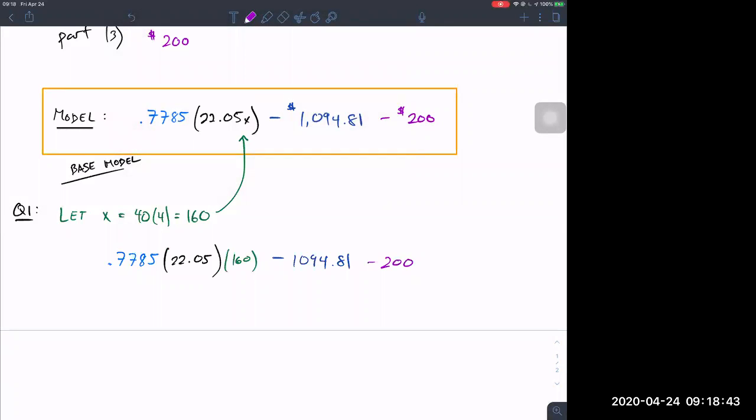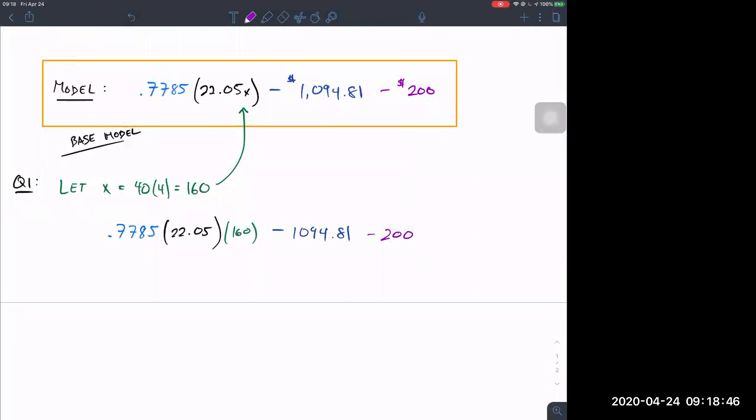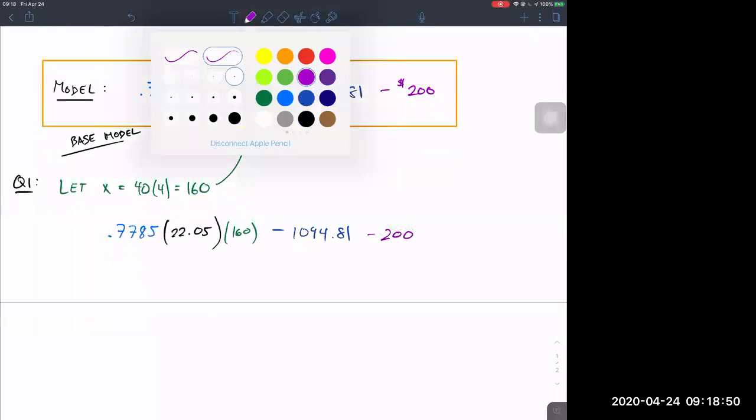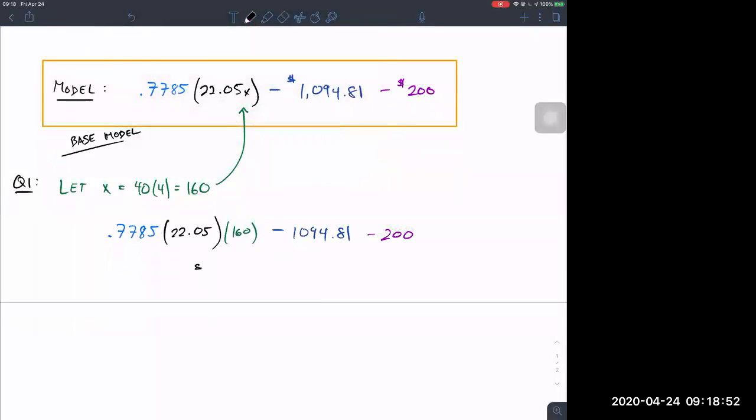So that's the setup. This answer, again, I have it already in advance. So this one, I'm just gonna write down the answer and box it for you guys because it's just adding and subtracting and multiplying. 1451.74, a positive result.